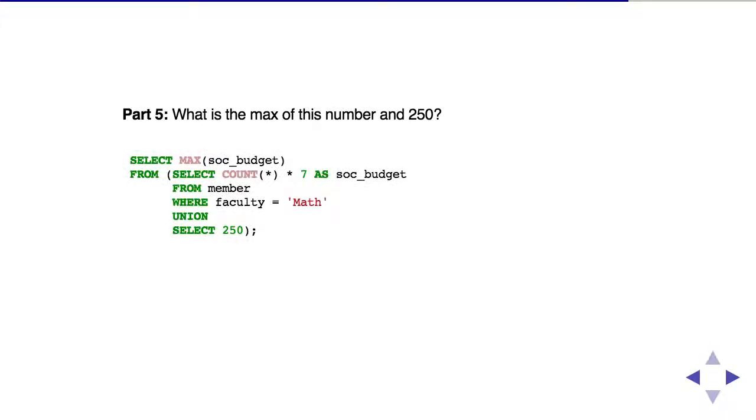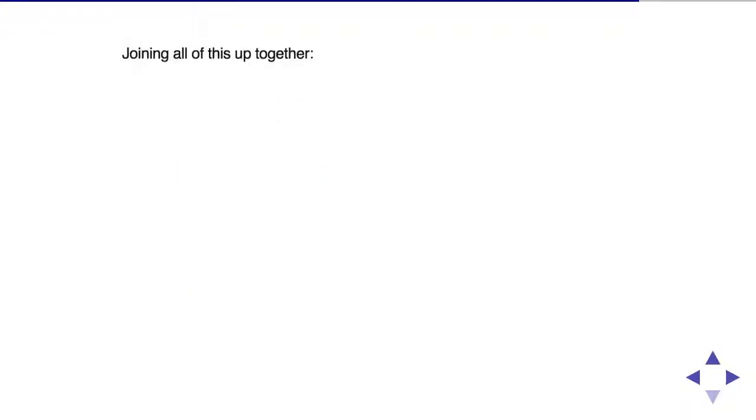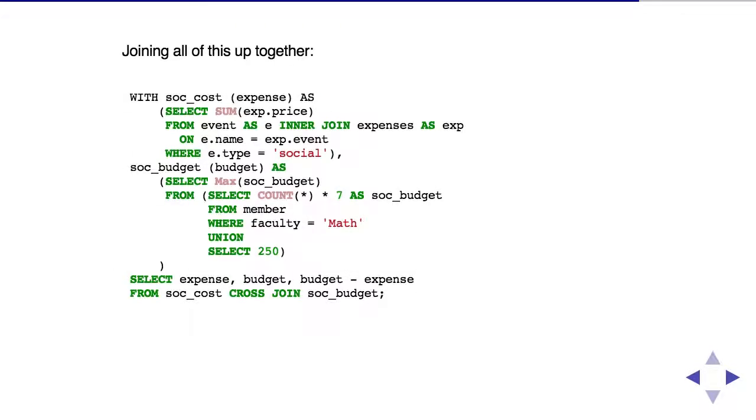We could join this table with just a selection of 250. The result of this subquery should give the rows 231 and 250, and this selects the maximum of those values, in which case 250. So we join all this together with social cost as that subquery right here.